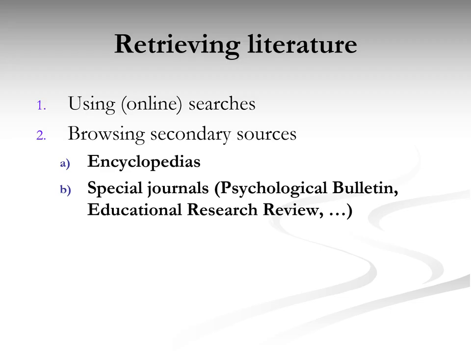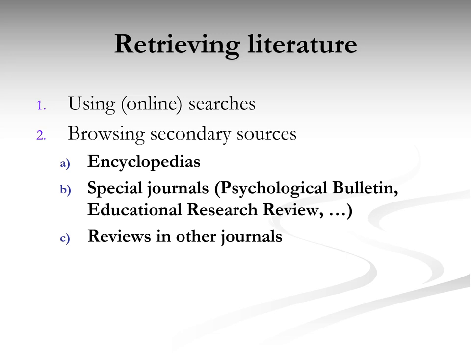You can also go to special journals. So there are some journals like Psychological Bulletin, Educational Research Review that publish a lot of reviews or a lot of meta-analysis. So maybe there were already meta-analysis or systematic reviews about your research topic, or there are reviews about very related topics. So it can be a good idea to look in these journals for relevant reviews so that in that way you already have an idea of what interesting studies could be.